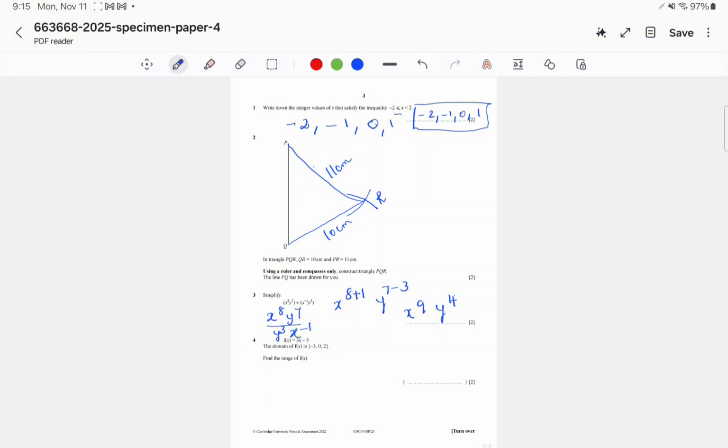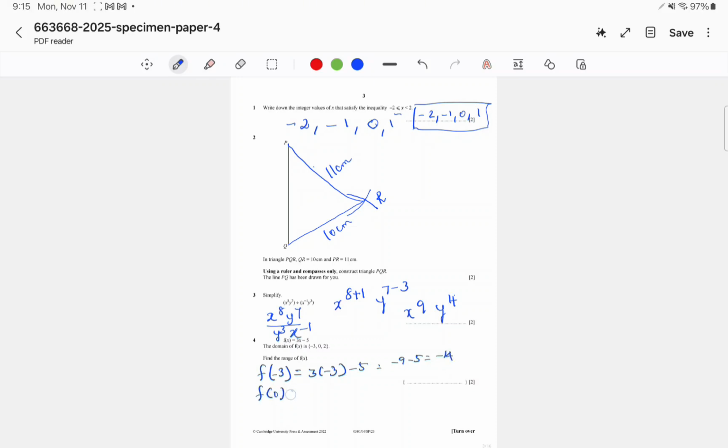So fourth question, f of x equal to 3x minus 5. The domain of f of x is -3, 0, 2. Find the range. When we want to find the range, just simply substitute the x values in the domain of f of x. We will get the range values. So f of -3: 3 into -3 minus 5, which is -9 minus 5, it is -14.